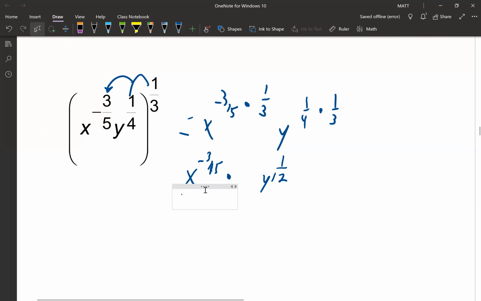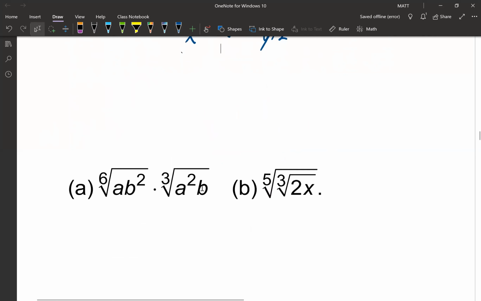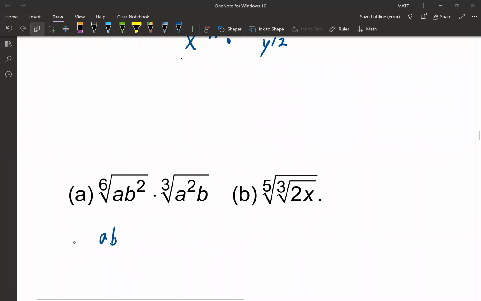So let's move on to the next one now. The next one will be a here. This one we have to do a little bit more work, so we actually have to convert a little bit. I'm going to convert this first. When we have something to the sixth root, that's the same thing as raising it to the 1/6 power. So I could say this is b squared raised to the 1/6 power.